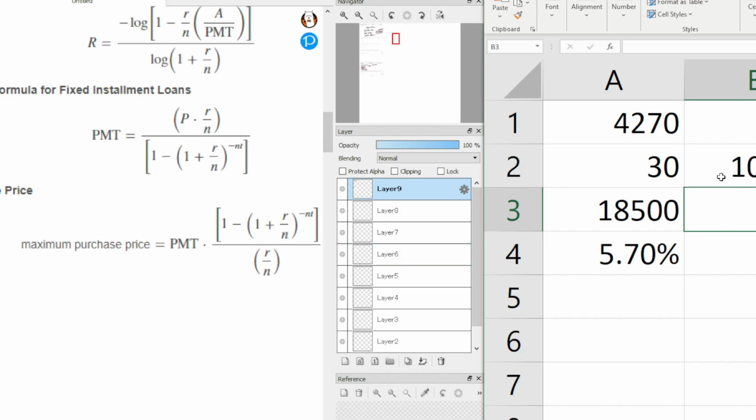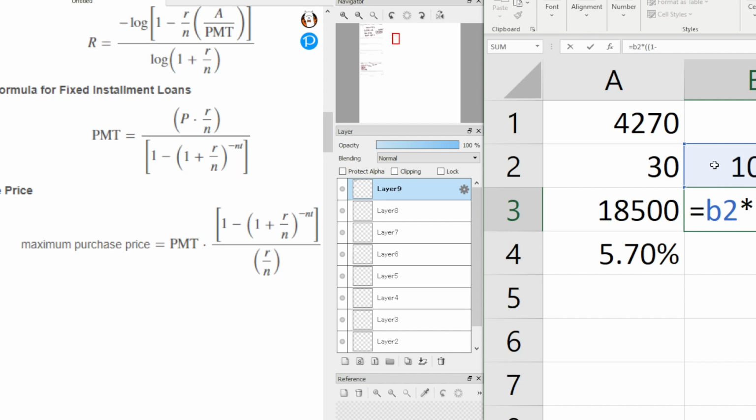Then we will take that and do equals, and our monthly payments will be B2, and then we'll multiply, and I'm going to put a parenthesis for the first one, and also a parenthesis around the whole thing. I think it's not necessary, but I like to do it just in case. It gives me peace of mind.